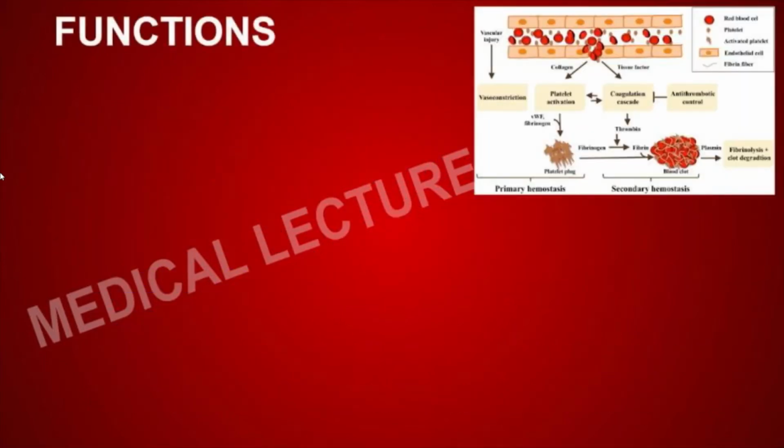Now what are the functions of the platelets? The platelets play a very major role in the hemostasis process by forming a platelet plug. As you can see in this diagram also, this is the platelet plug. They form a platelet plug at the site of the injury, which helps to arrest the bleeding.